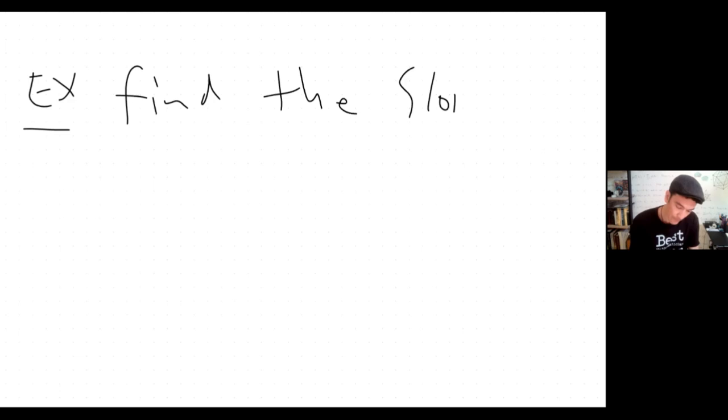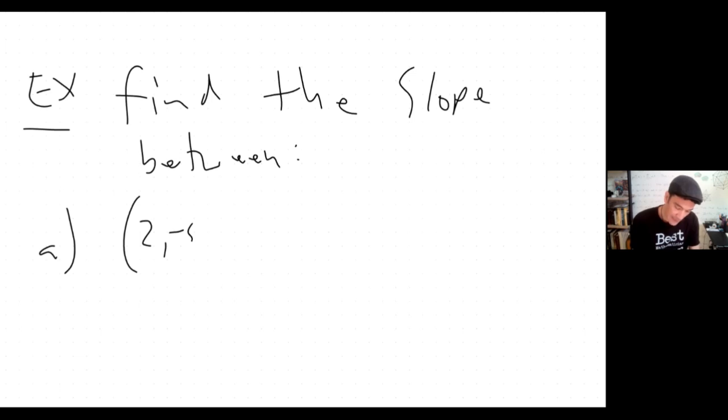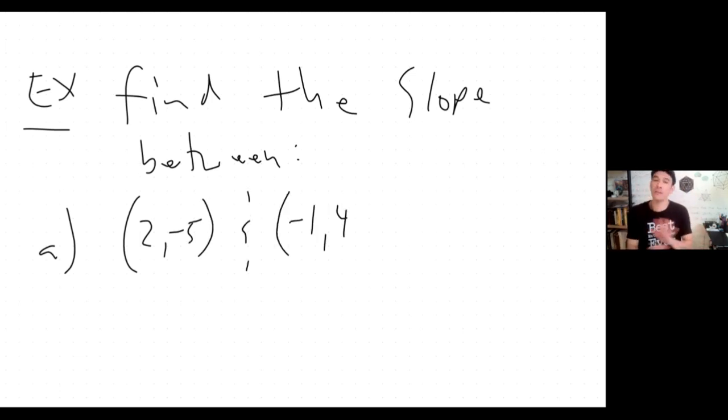So, example. Find the slope between: Example A. Let's say I'll give you 2 points. Let's go to -5 and -1, 4. We have 2 points. Let's just find the slope and nothing else. So m equals, and if you wanted to, you could label.